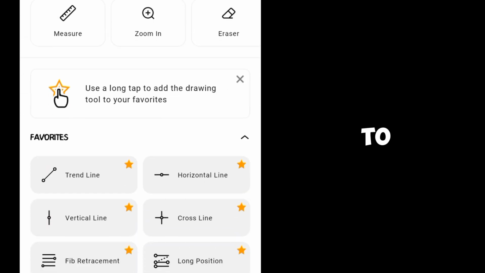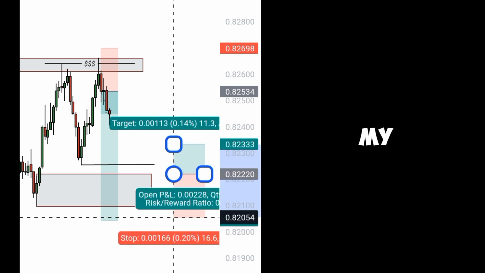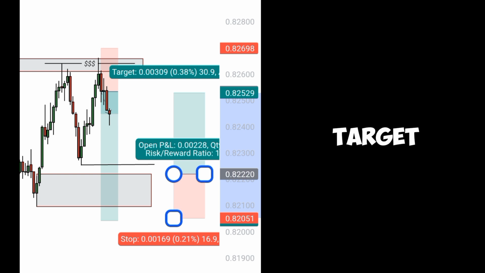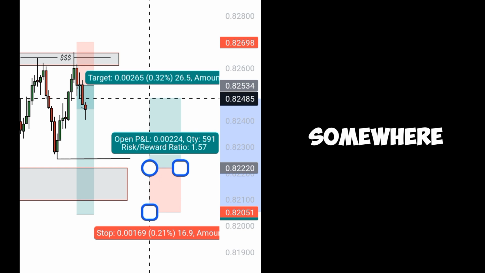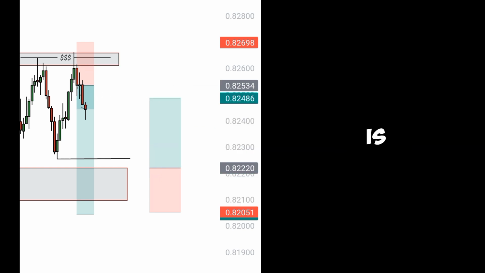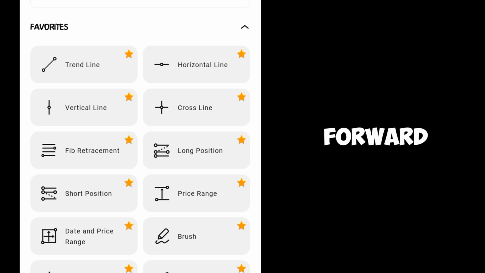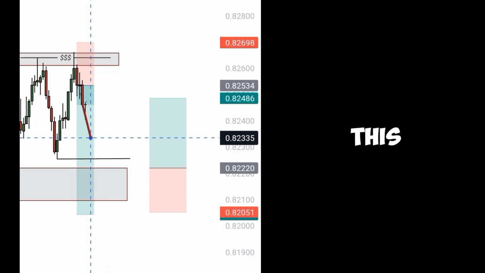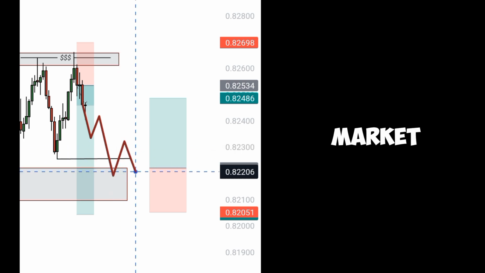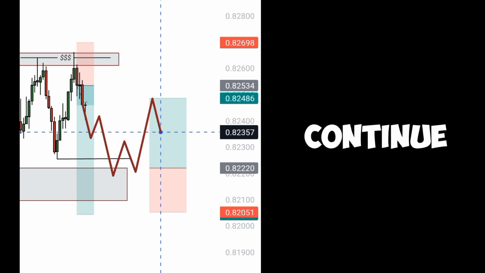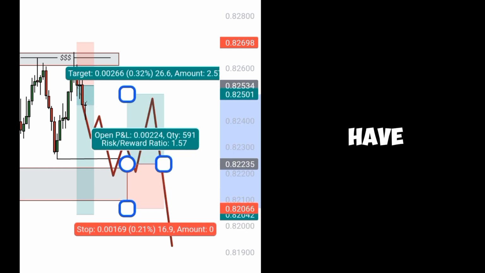So if I have to buy here, my entry will be somewhere around here, my stop loss will be below, and then I want to target something small. And in this case, my risk reward ratio would be somewhere around 1.5, which is not really sensible for me, in my opinion. So what I'll be looking forward for is something like this, push down here, and then I want to see the market go up and then continue downwards.